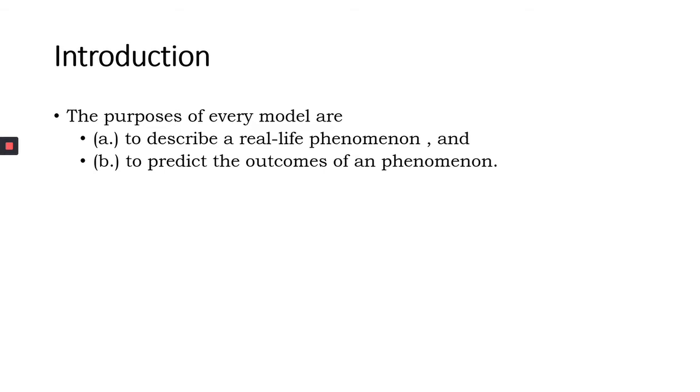For example, why do we have weather? Why do we have changes in the weather, right? From a very smooth weather, and then later in the afternoon we will experience a drastic change. For example, a thunderstorm, right? So we want to describe that phenomenon, and we want to somehow, as much as possible, predict what will be the outcome of such.